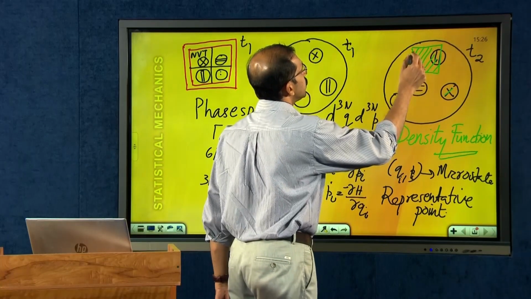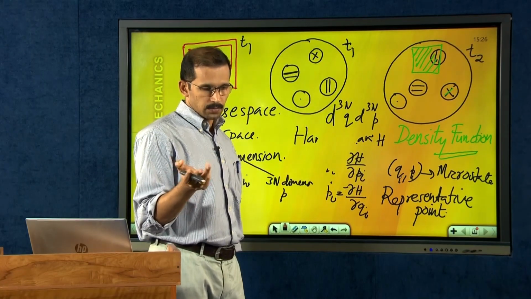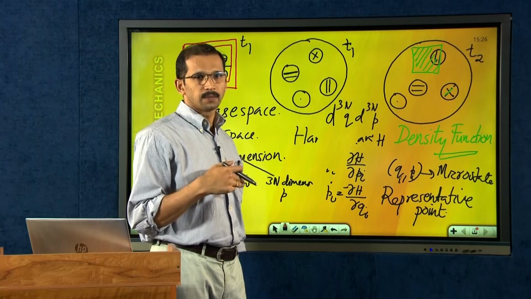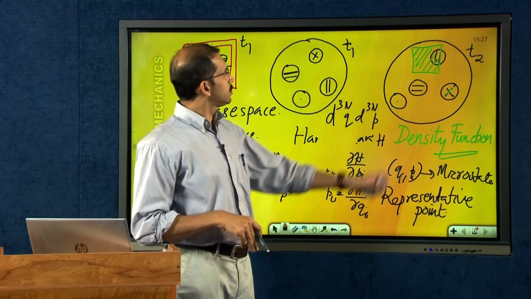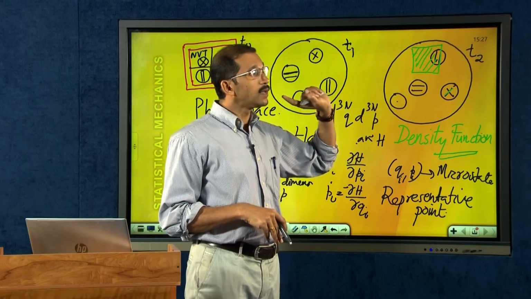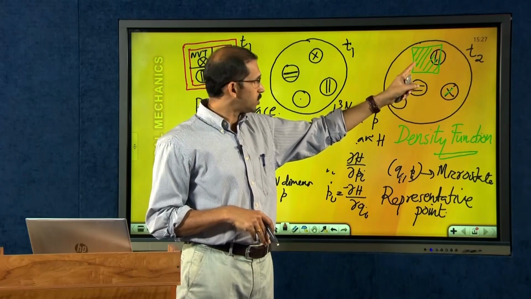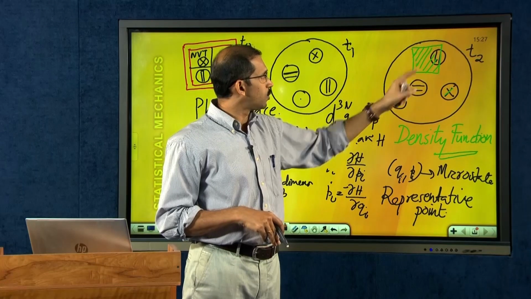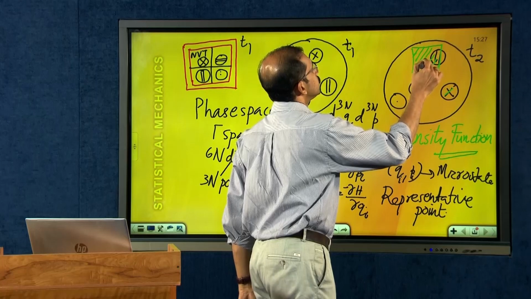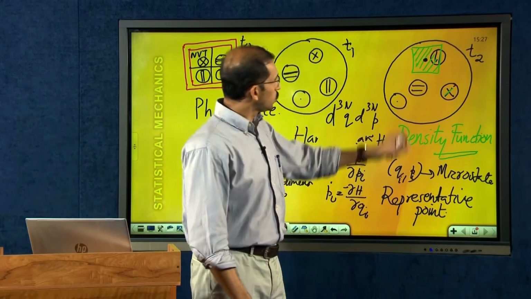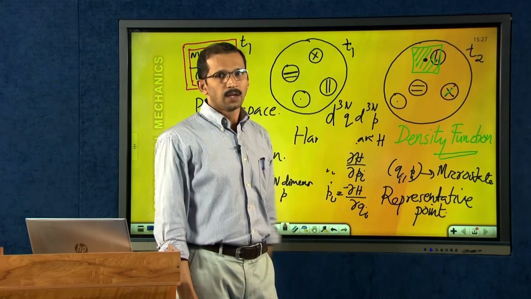So, I allowed you to choose a volume at random and you told me a number, and then my question is, where did you choose it? Sir, I chose it somewhere here. So, I can always denote the point at which you started your counting by a representative point, for example, this point. So, you took the volume around this q p.